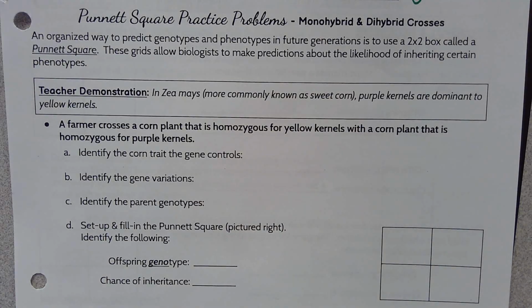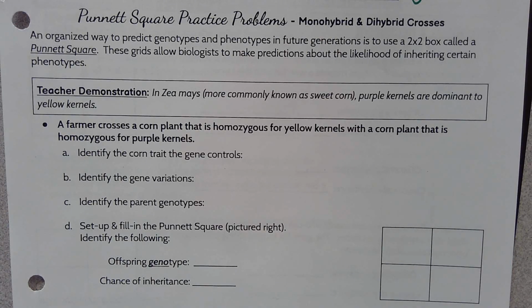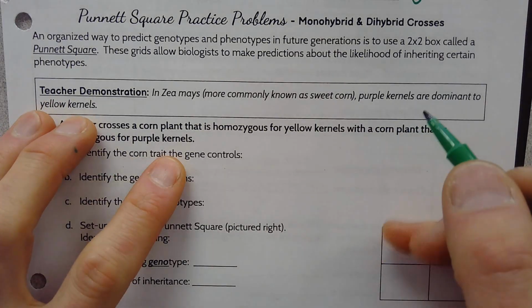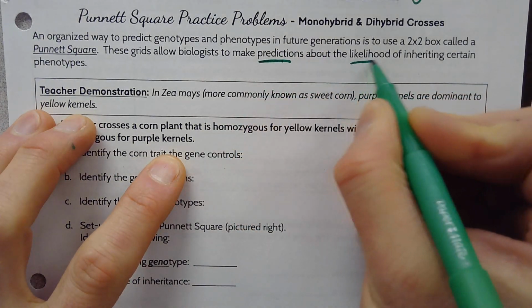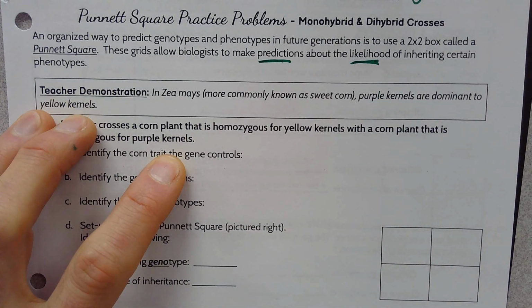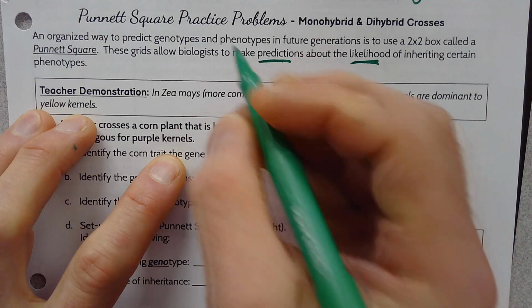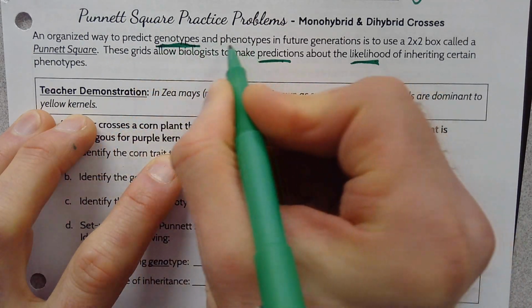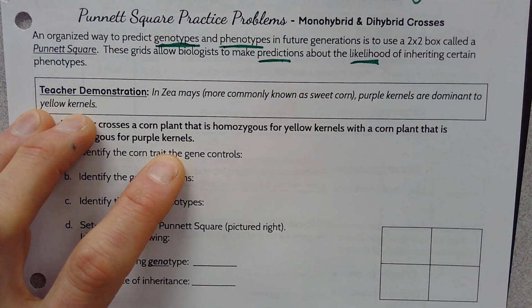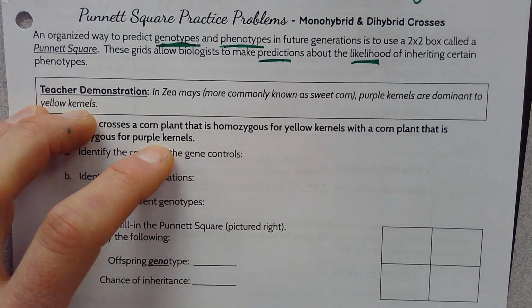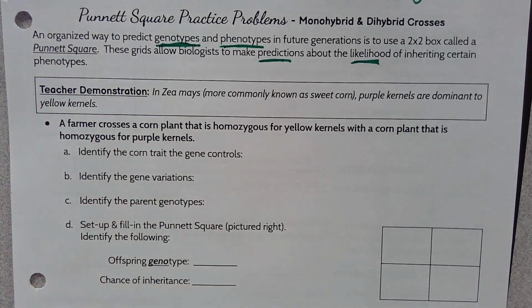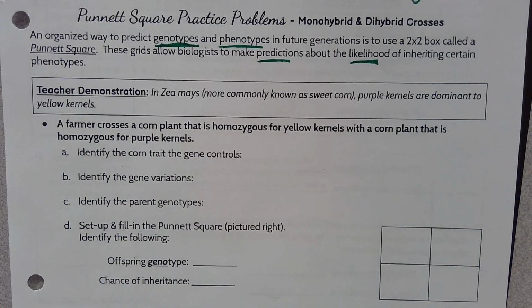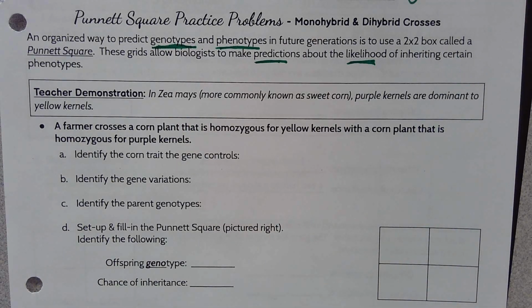There's probably a person named Punnett who took Mendel's ideas and put them into a square. And this is the way of figuring out probability. It's all about predictions and likelihood. That is the purpose. It's going to show both the genotypes, and then we have to decide the phenotypes. The square itself just shows the genotypes, but then we also have to say what is the phenotype because of that genotype. Again, like I said, they sound really similar and they get confused easily.